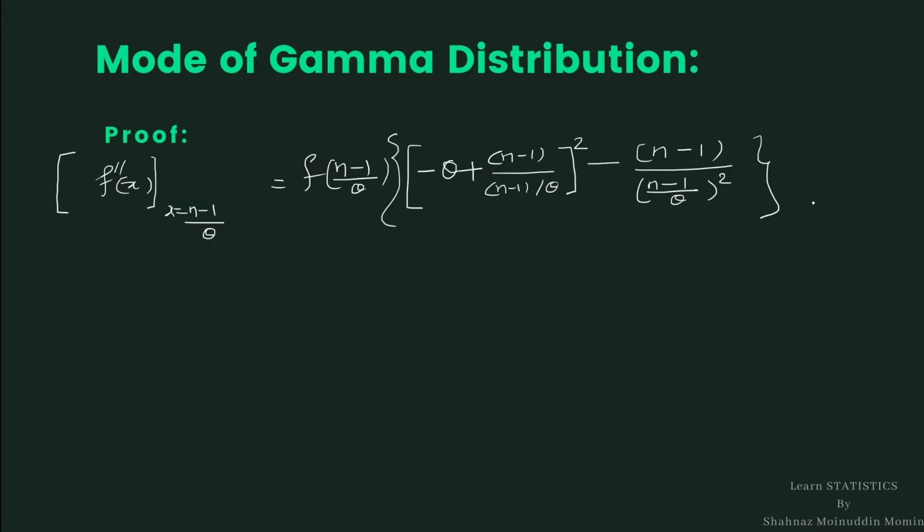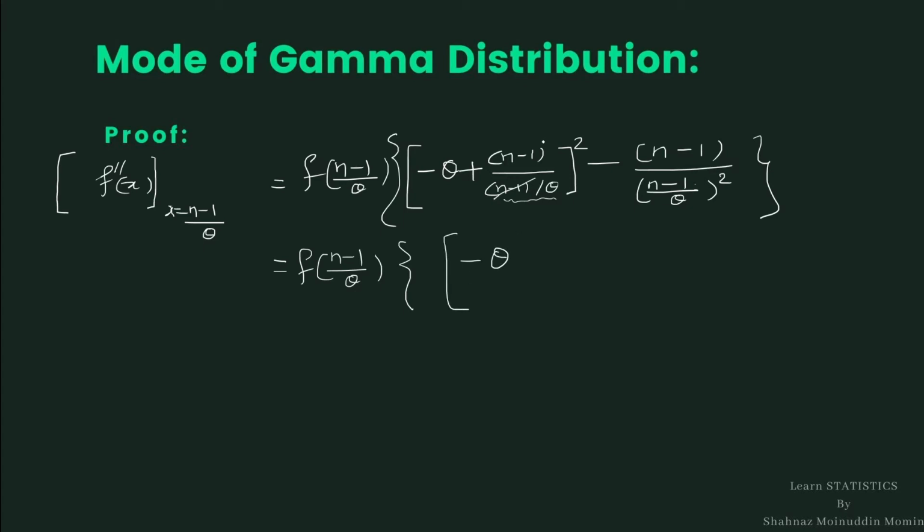By putting the value of x equal to n minus 1 upon theta, we get f double dash x equal to f of n minus 1 upon theta into minus theta plus n minus 1 divided by n minus 1 upon theta, this is the value of x, minus n minus 1 divided by n minus 1 by theta bracket square, which is equal to f of n minus 1 upon theta into minus theta.